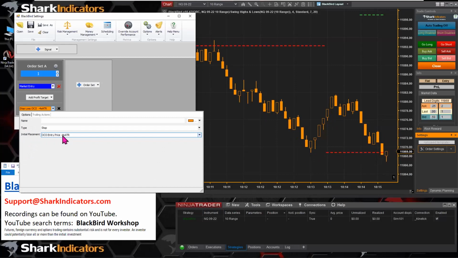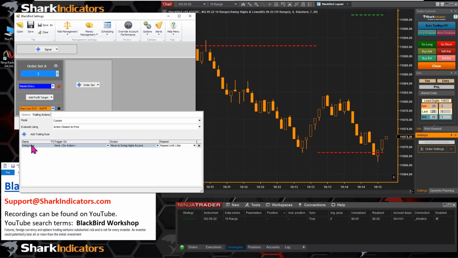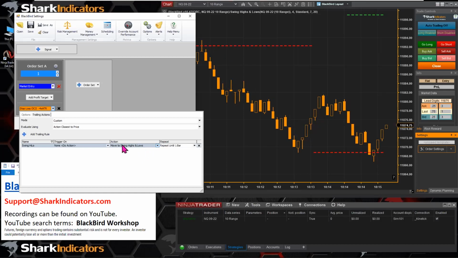So whatever the 4 ATR price point calculates out to, and then BlackBird's going to evaluate all the trailing rolls here, and it's going to evaluate the swing high and low to see if the swing high would be closer, and if it is, it'll move that stop loss right away, right after the stop loss was placed.